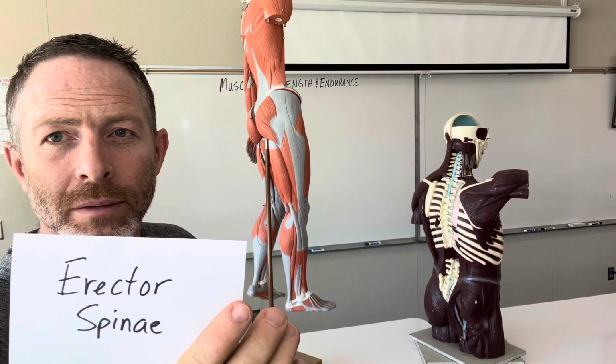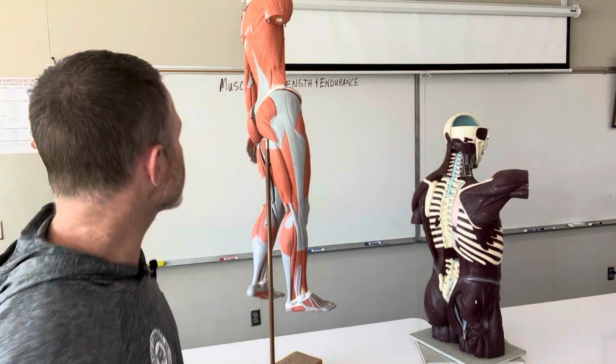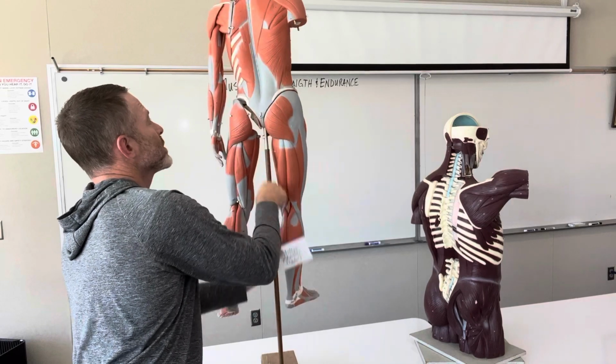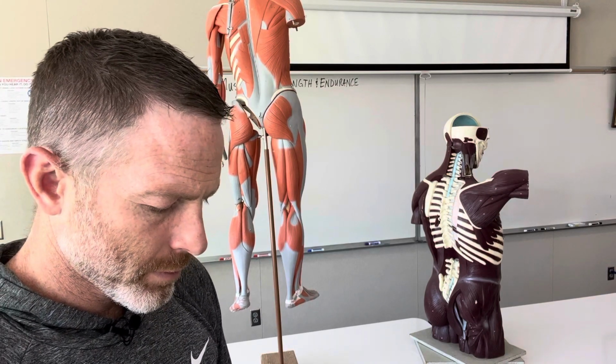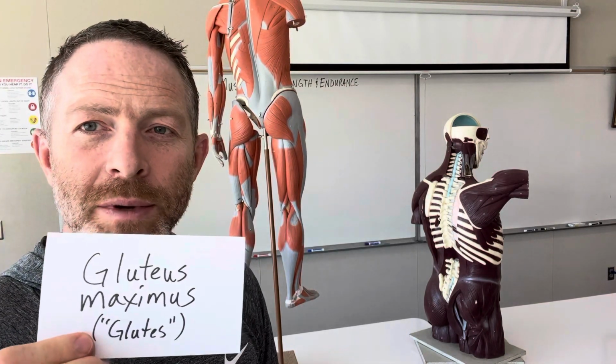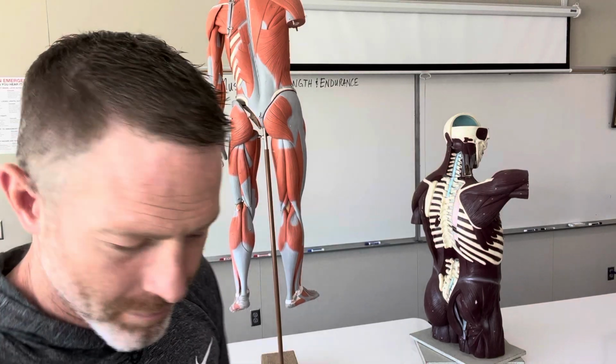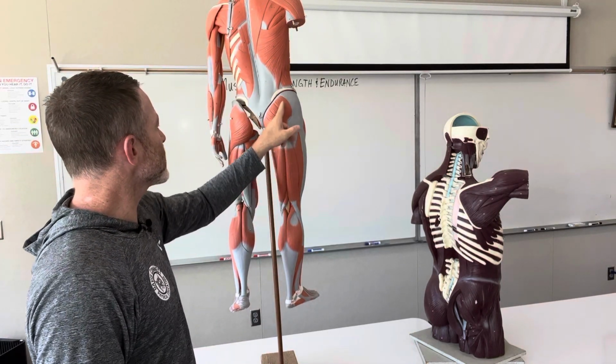Erector spinae. The erector spinae muscles are these big back muscles right here that go up your back and help your back stay erect. Gluteus maximus, also known as your glutes. These big muscles right here on the back side.